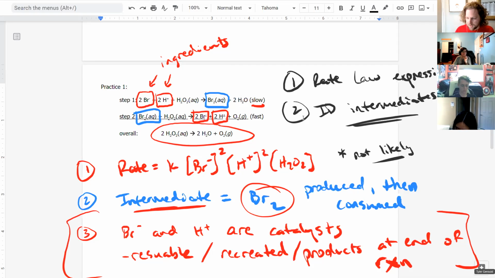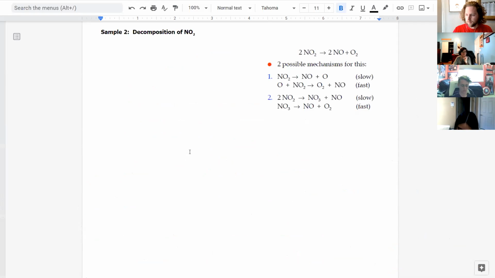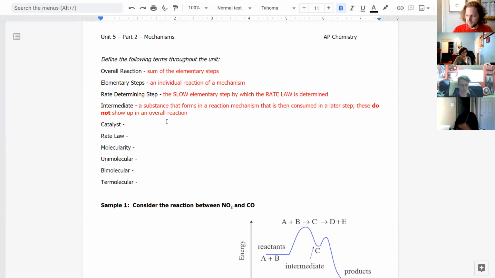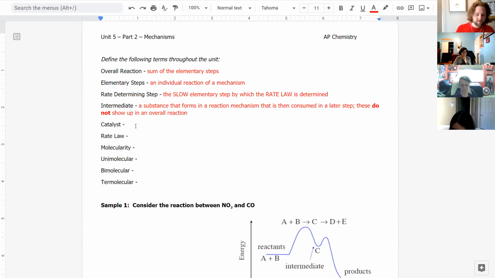So let's go back to our definition, and I'll clarify the catalyst definition. Let's scroll back up. Hopefully this format isn't too obnoxious. A catalyst is used as an ingredient to change the reaction mechanism.